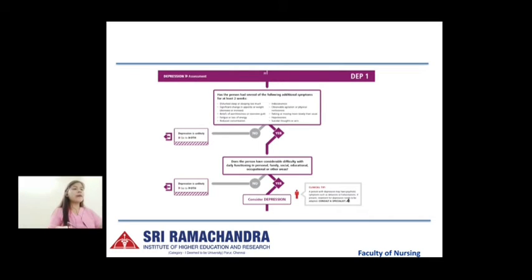After identifying the core symptoms, next you have to check again. Has the person had several of the following additional symptoms for at least 2 weeks? First assess the core symptoms, and then see whether the additional symptoms are present for at least 2 weeks.